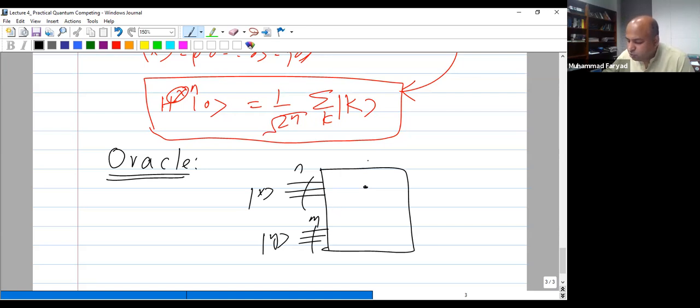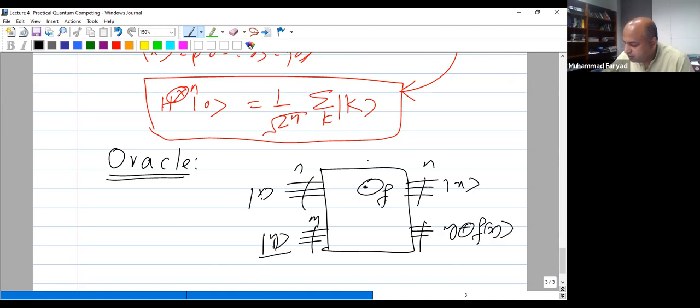So in general, we have two sets of inputs, and there is some black box, we can call it O_f. This oracle which implements this function f works in such a way that the x input is achieved at the output as it is, and then we can target this y input and convert it into a function like this.